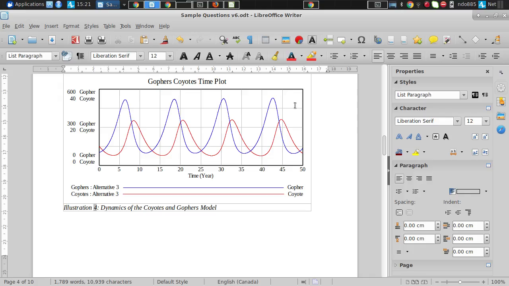There's a point where nothing is changing, where the d gophers dt and the d coyotes dt, where these things are what at this fixed point? They would be zero. And what's going on here is that it's actually going around that. Okay, so it's what's called technically a limit cycle. So it could be here, it could be here, it could be here, and it goes around and it completes the cycle around this point.